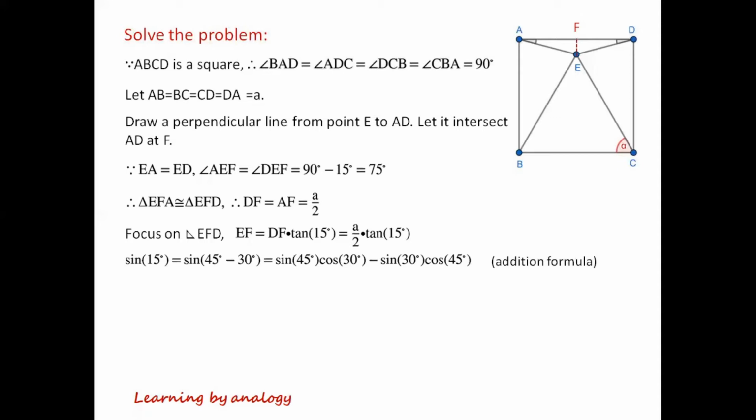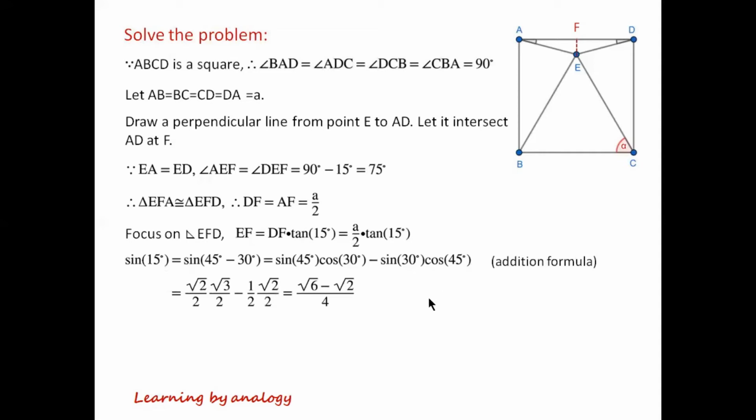So we want to apply the addition formula and write sine 15 degrees as sine of 45 degrees minus 30 degrees. By applying the addition formula, this equals sine 45 degrees cosine 30 degrees minus sine 30 degrees cosine 45 degrees.